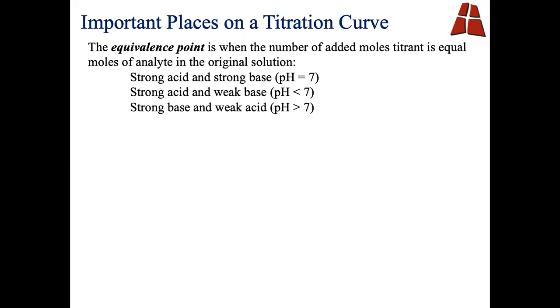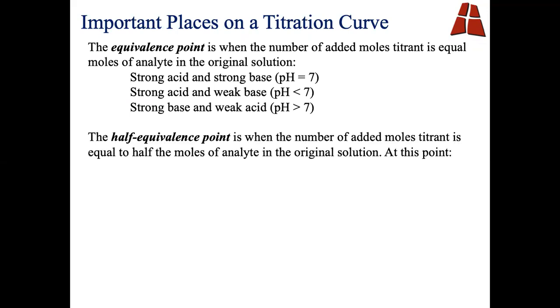However, if we titrate a weak base with a strong acid, we know the pH should be below 7. Vice versa, if we titrate a weak acid with strong base, the pH at the equivalence point should be above 7. And we'll go a little bit over why that is more later in the lecture here.